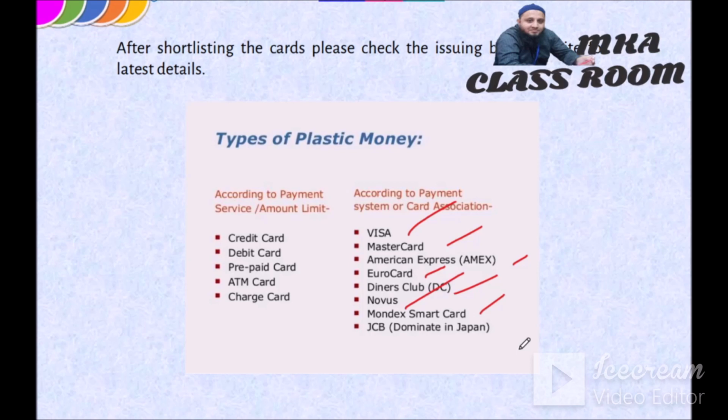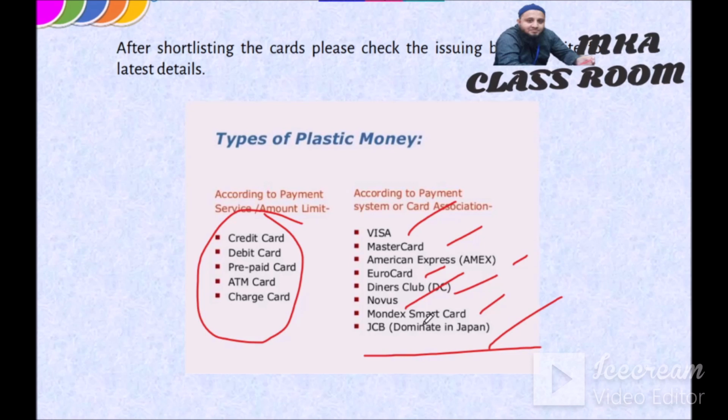And there are different types of our plastic money: credit card, debit card, prepaid card, ATM card or charge card. So actually these are all about our plastic money. So here is a huge amount of charges or fees or cost related matters. So you have to be conscious regarding your electronic money.